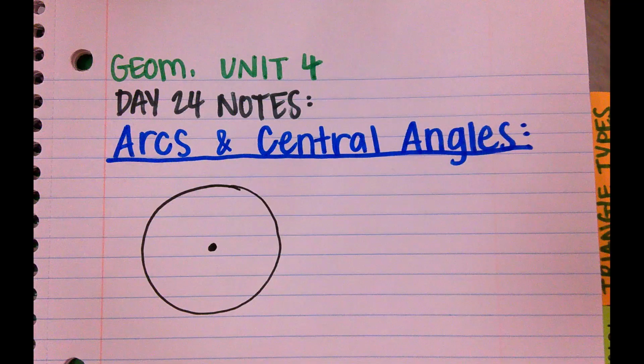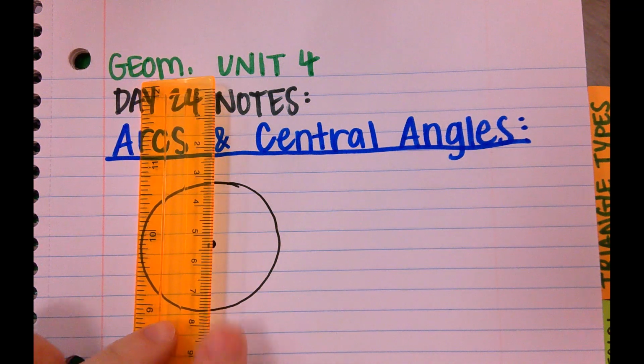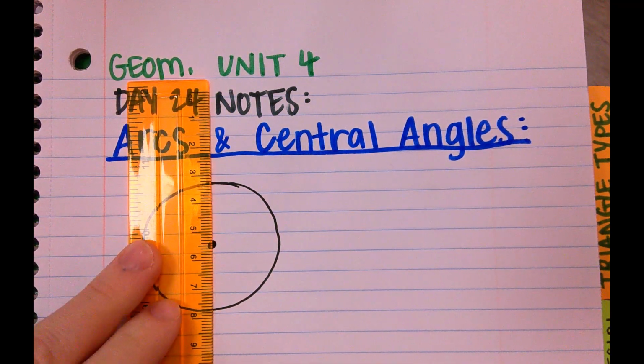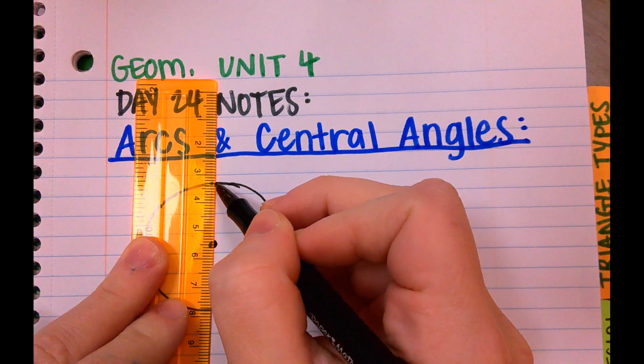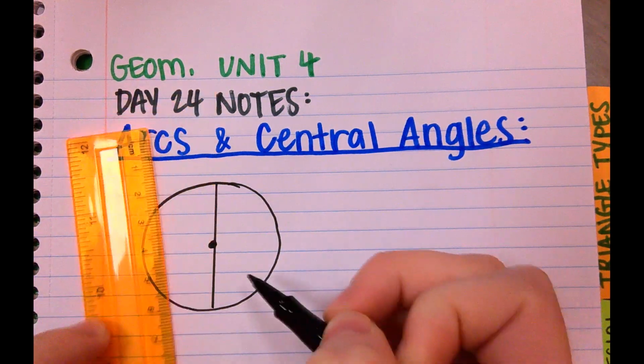I'm going to get the ruler out. Here's what I want you to put in your circle. We're going to start with a line that goes straight up and down through the center. You're drawing a diameter.